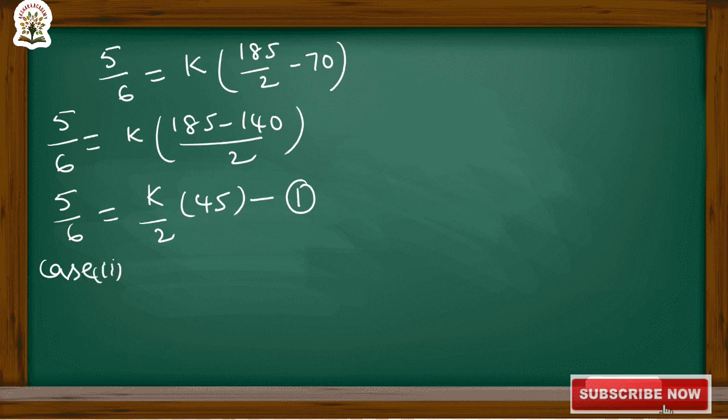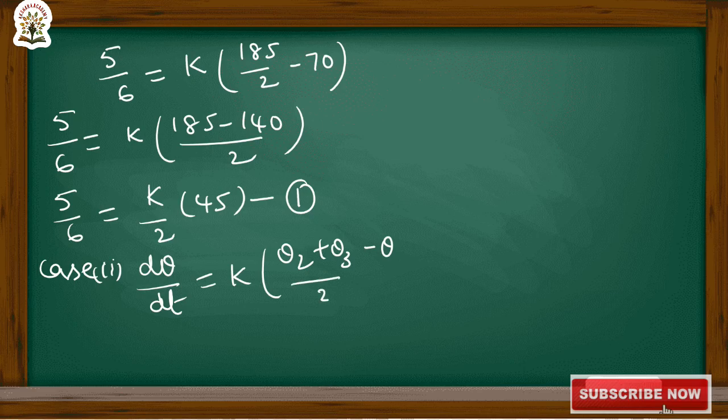Again applying Newton's law of cooling, d theta by dt is equal to k of (theta 2 plus theta 3) by 2 minus theta s.